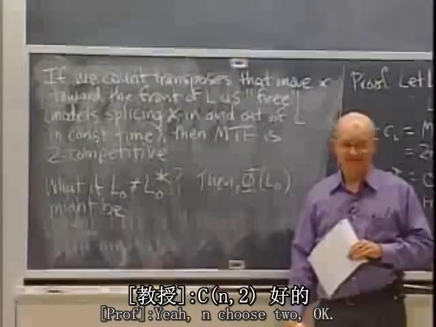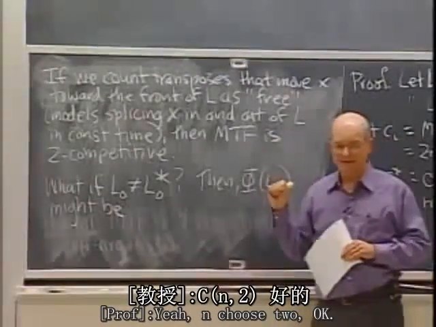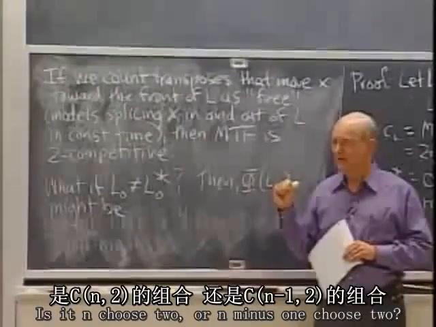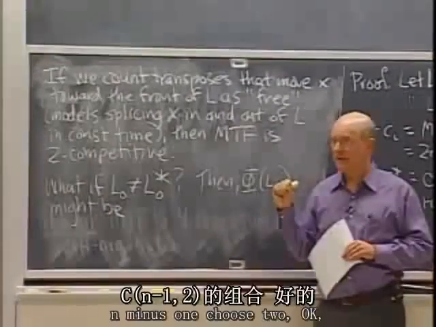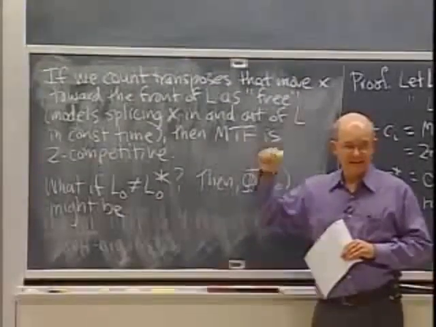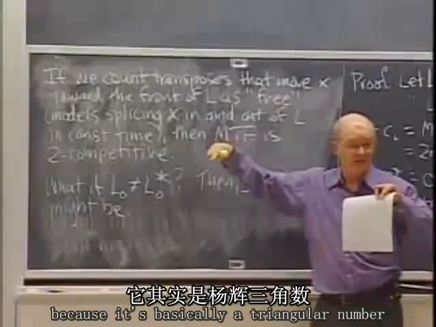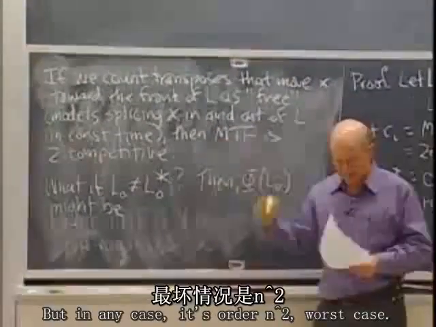Yeah, n choose 2. Is it n choose 2 or n minus 1 choose 2? N minus 1 choose 2. That's the inversions you get, because basically it's the triangular number when you add them up. But in any case, it's order n squared.